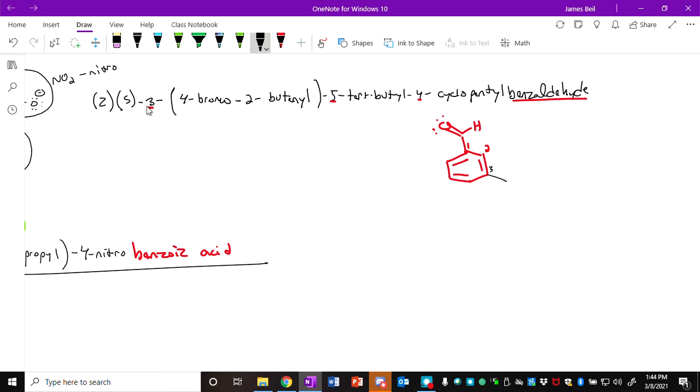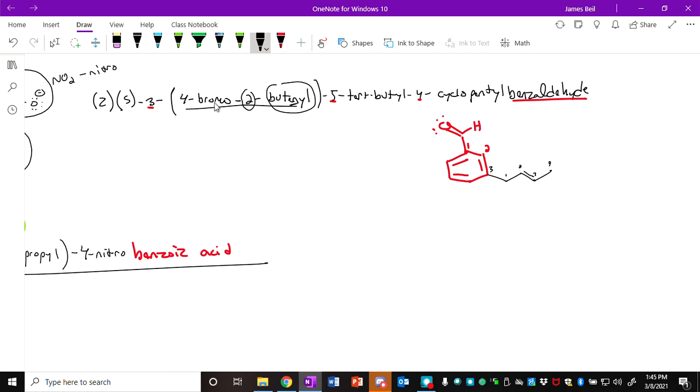So I want to name or draw something that represents this name. What's on carbon 3? A butenyl group. Bute means 4, so I have 1, 2, 3, 4 for the bute. But the ene implies there's an alkene here, and that's what this 2 is for. It's telling me which carbon of the side group the alkene is connected to, and so it's bridging carbons 2 and 3.